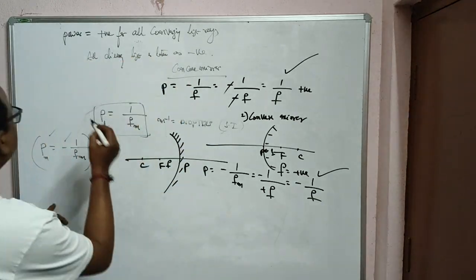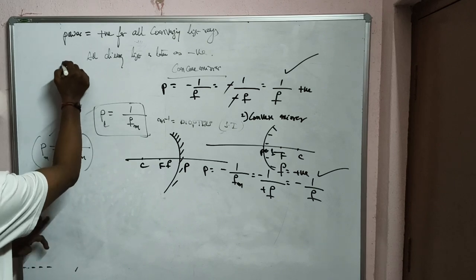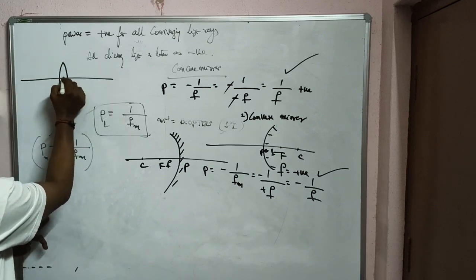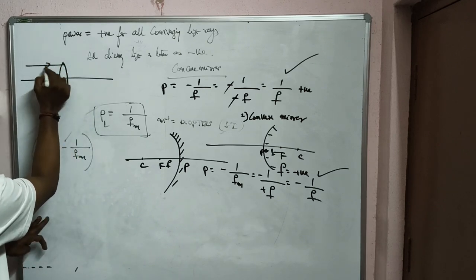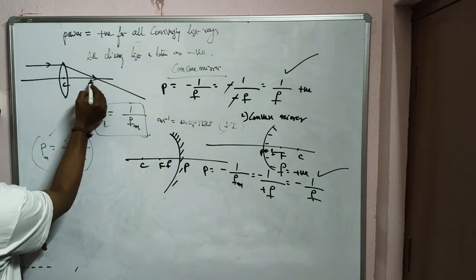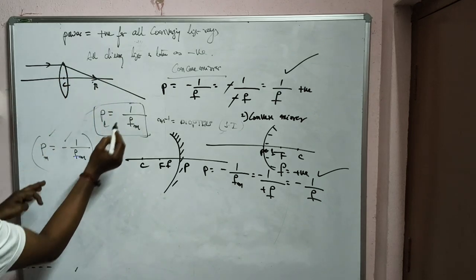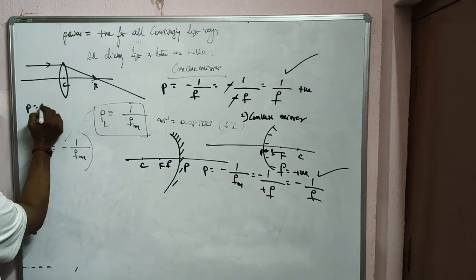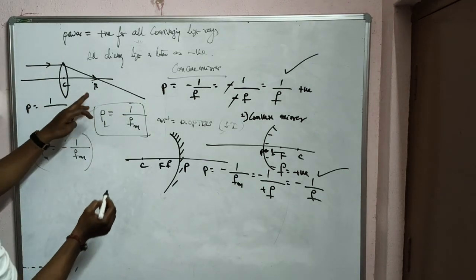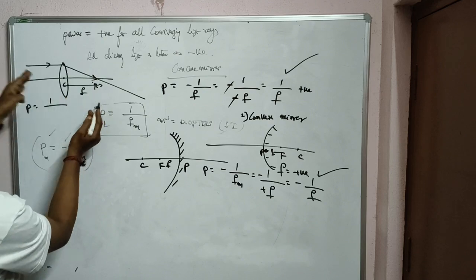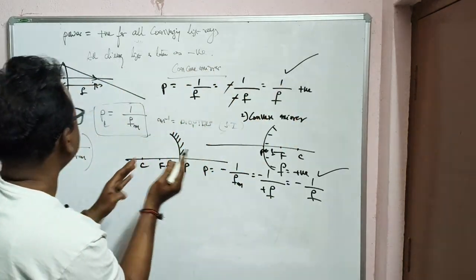We'll check for lenses also. Now for example, a convex lens. This is the optic center. What is happening here? The light is converging. So I will check it. P is equal to 1 by f in meters. And also the focal length you can see is along the incident light. That is positive.